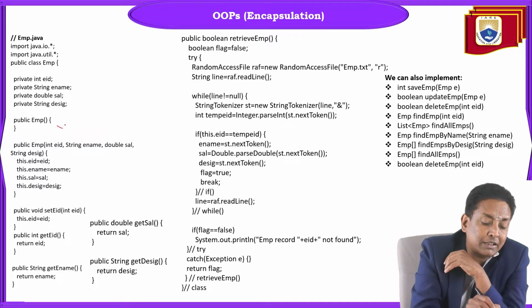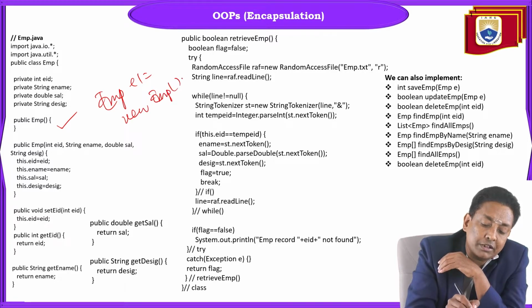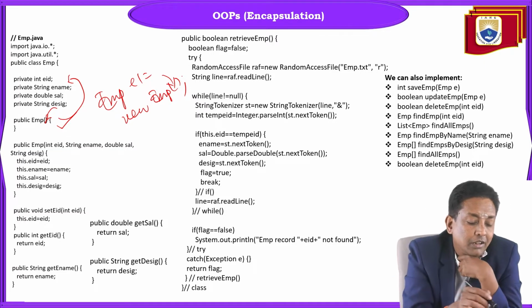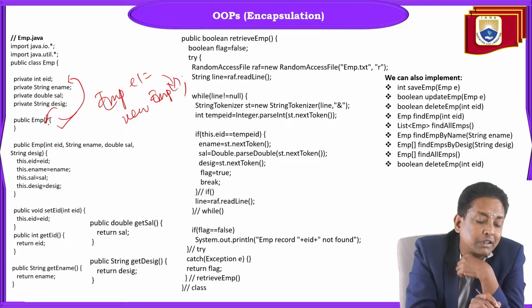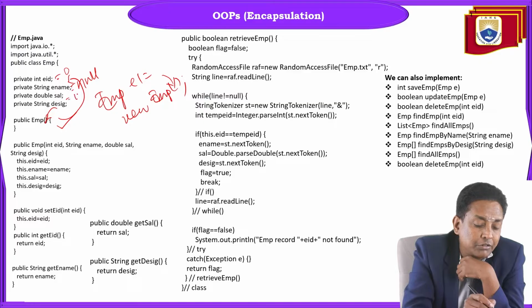Suppose you provide a no parameter constructor, and others want to create an object of your class. Emp e1 is equal to new Emp with no arguments. They cannot pass any data here. Nothing will be changed. In this no parameter constructor, all the variables are initialized with the default value: int to 0, employee name to null because it's a string, it's a class, salary to 0.0, and designation again to null.